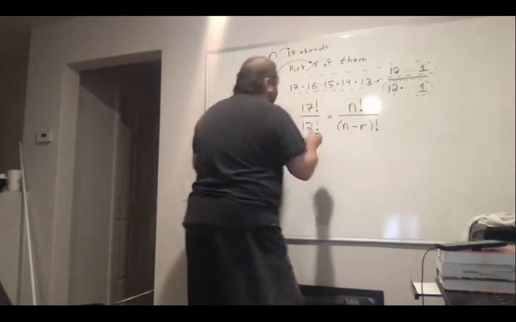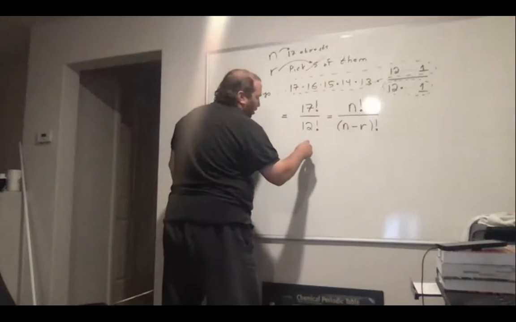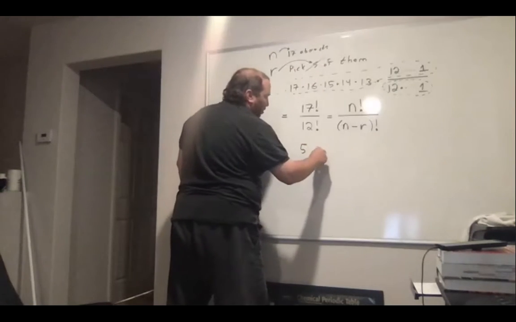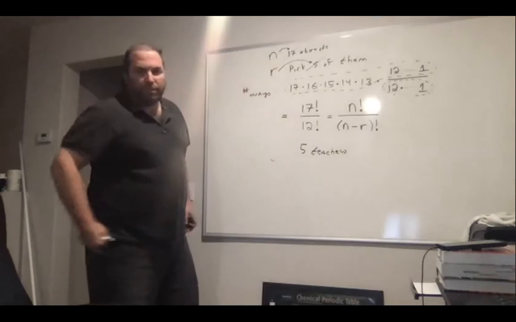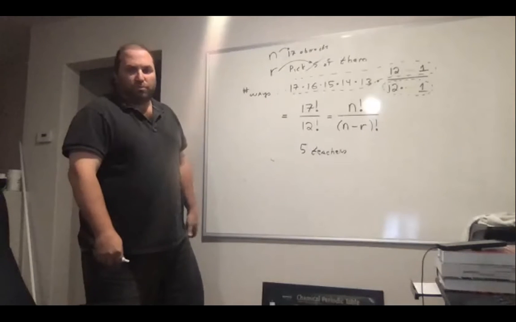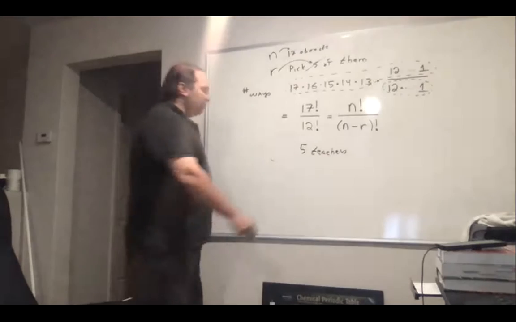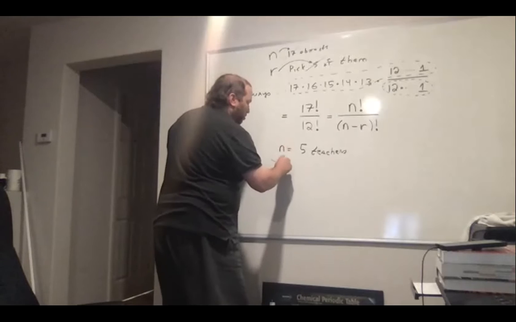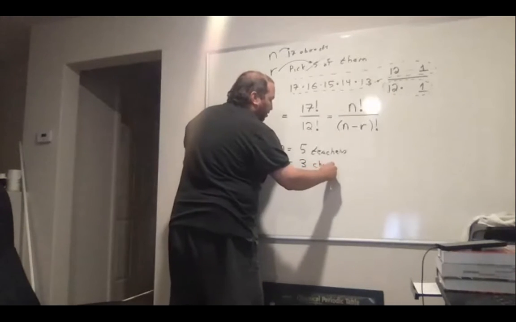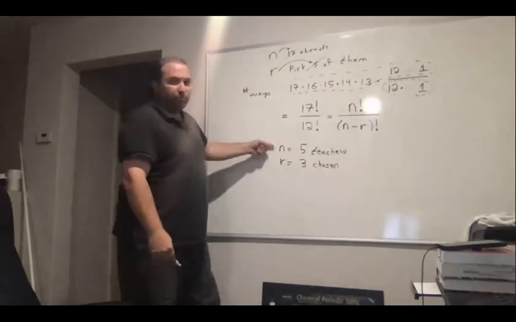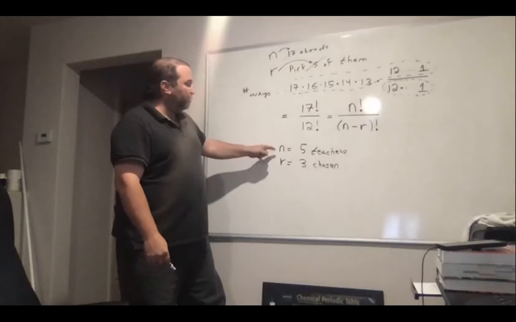Does that make sense? Can you explain that by doing it in the formula? Sure. So in this case, there are 5 teachers, but how many of them get a classroom? 3. So we're picking 3 of those 5 teachers. How many ways can we pick 3 of 5?